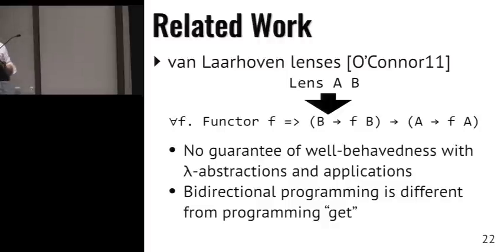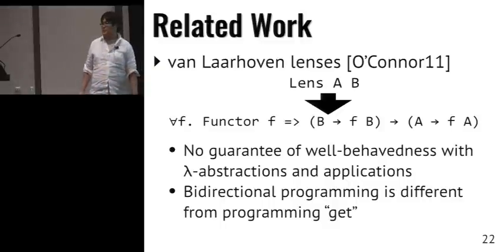Another important related work is the van Laarhoven representation of lenses, which is used in the lens package in Haskell. In this representation, a lens from A to B is represented as a function type like this. Intuitively, this is a function that takes an effectful update on the view and returns an effectful update on the source.